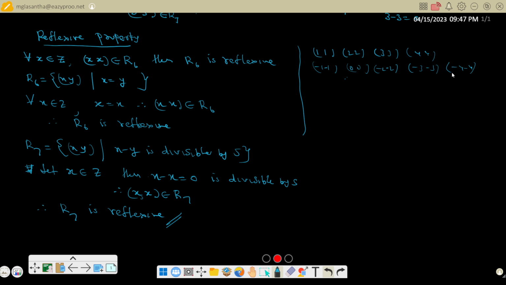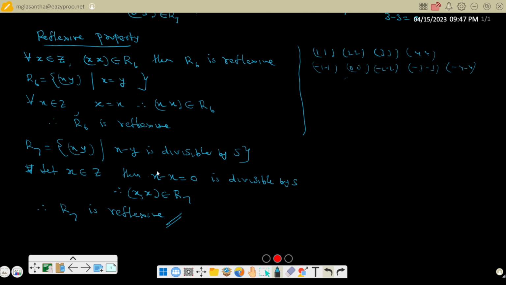So you choose elements in a general manner. What do you mean by general manner? You just take (x, x). If (x, x) belongs to R6, then x minus x is divisible by 5. So x minus x is 0, and 0 is divisible by 5.